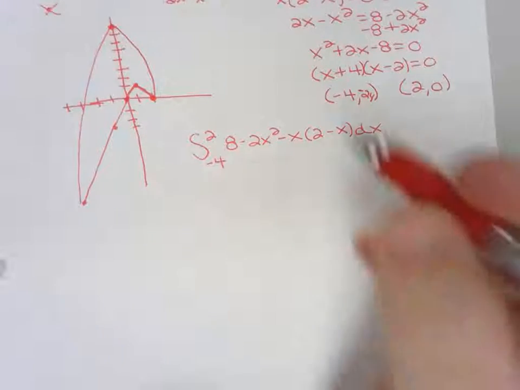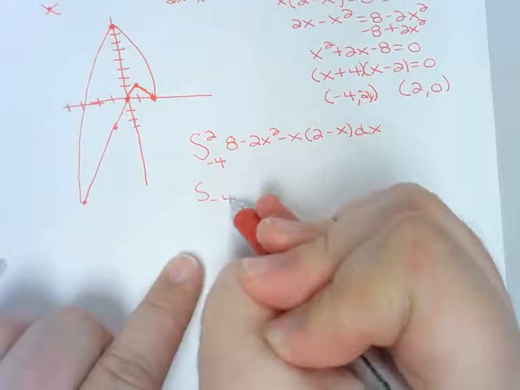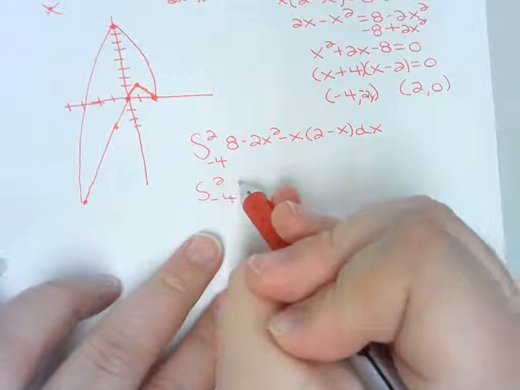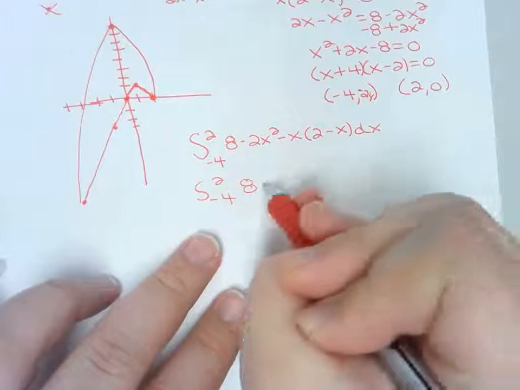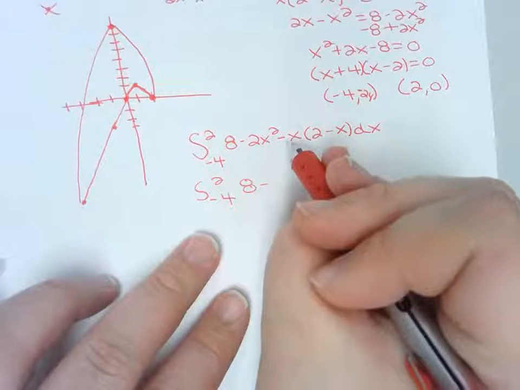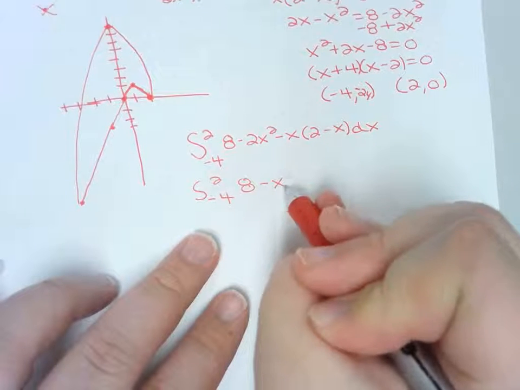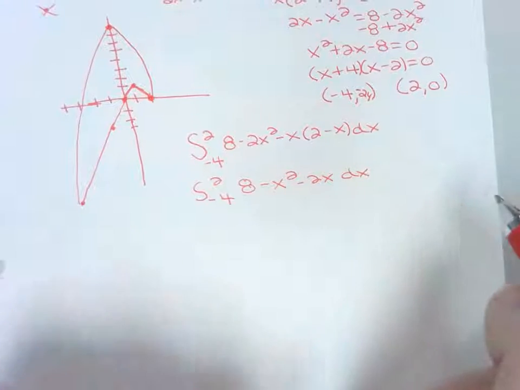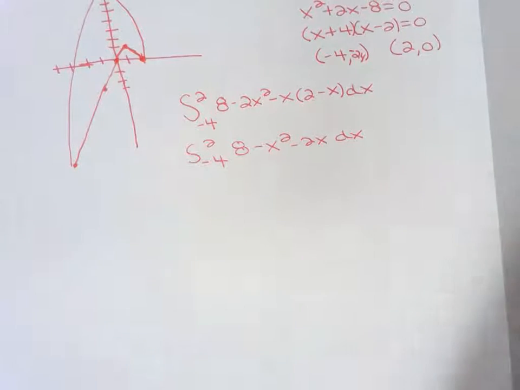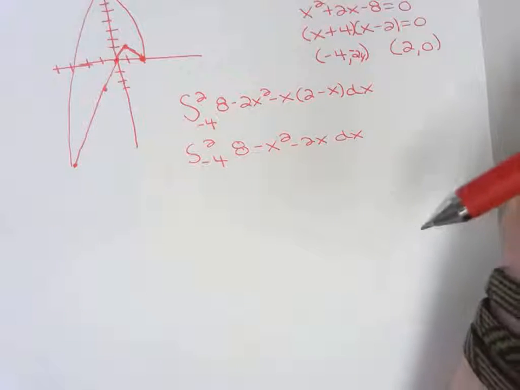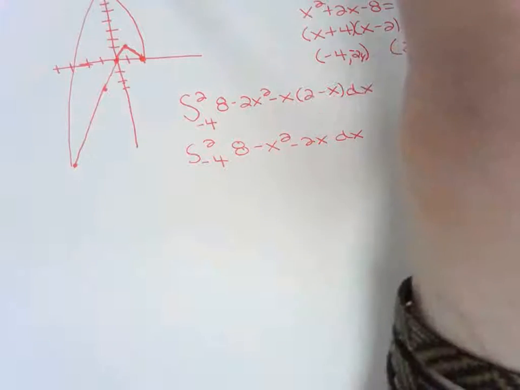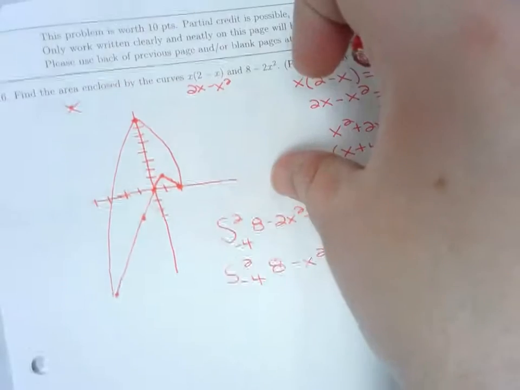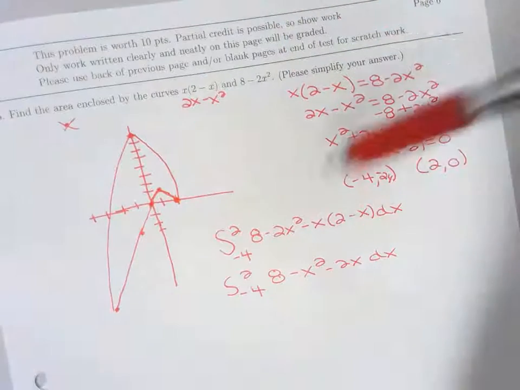I'm going to turn it into a polynomial. So from -4 to 2, 8 minus x squared minus 2x, right? I didn't do anything stupid, did I? No, because it's minus this, so I just put a negative with the x and then distributed it.